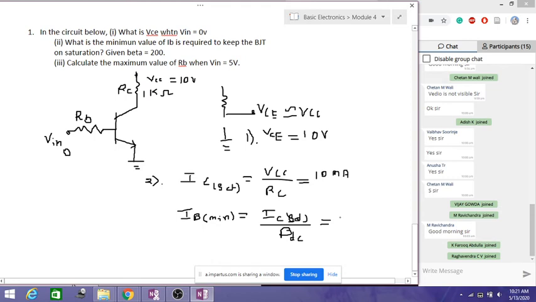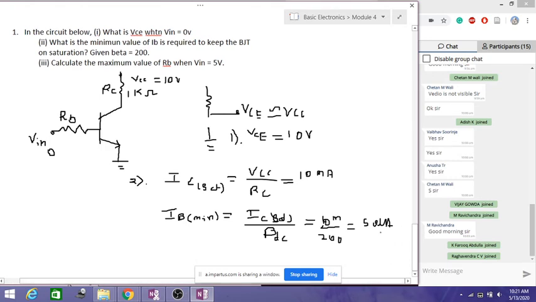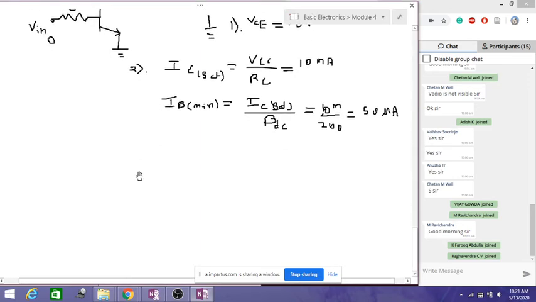So if we substitute the values, that is 10 milliamperes divided by beta, which is 200, and simplify, then I'll get the answer as 50 microamperes. So this is the solution for the second one.